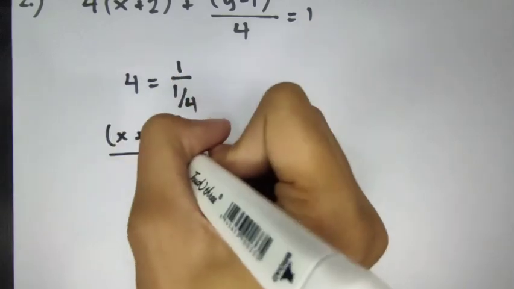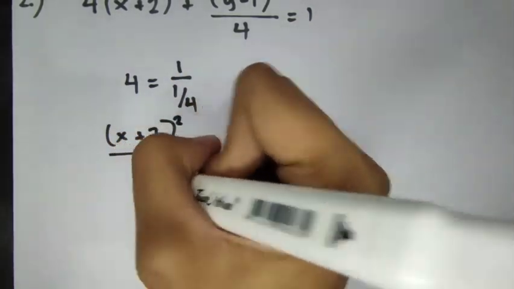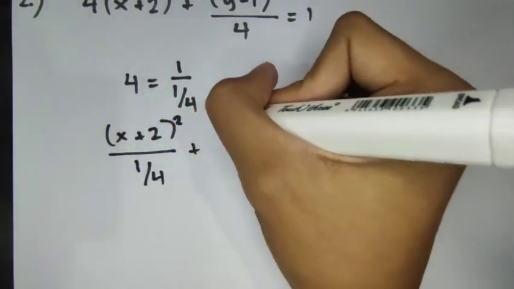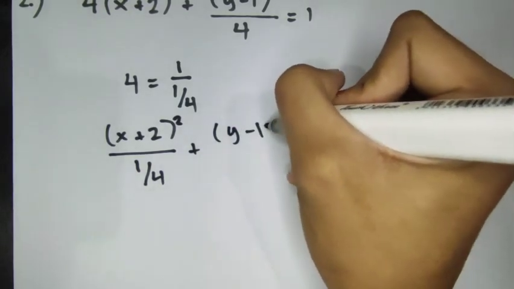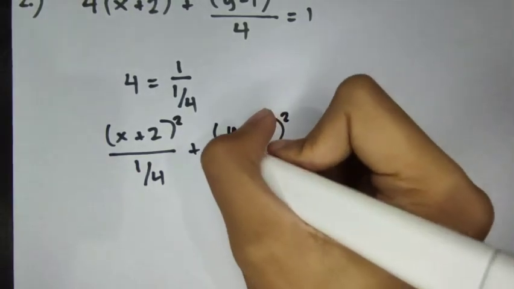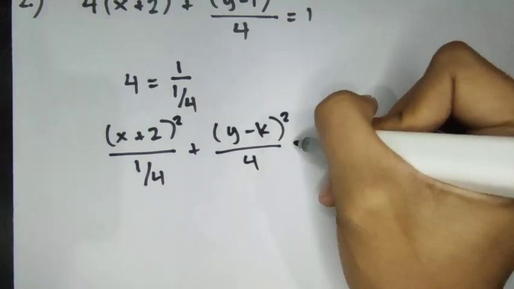So let's rewrite the standard equation of this ellipse. (x plus 2) quantity squared over 1/4 plus (y minus 1) quantity squared over 4 equals 1.